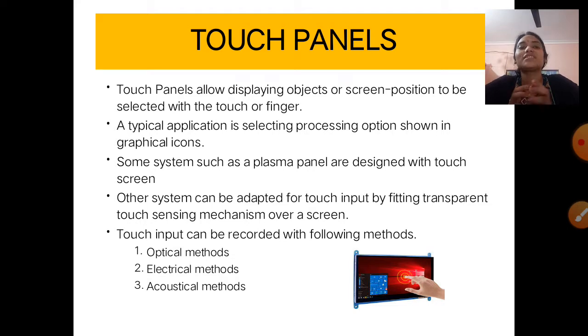When we touch the screen, the transparent mechanism also shows there. Touch input can be recorded with the following three methods: one is the optical method, another is the electrical method, and the last one is the acoustical method, but we don't discuss them in detail. We only need to know what the different types of methods are.